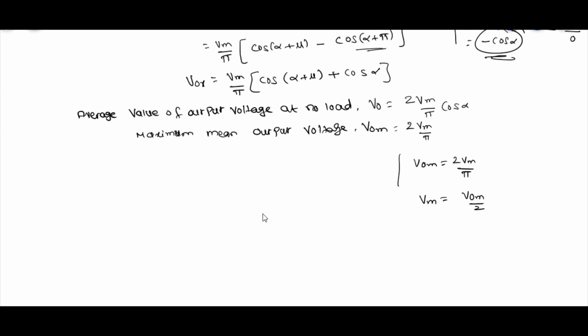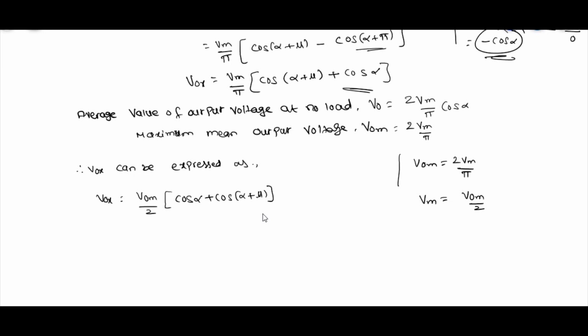So now VOX can be expressed as, in the equation VOX, in the place of Vm, I can write VOM by 2 into cos alpha plus cos alpha plus mu.